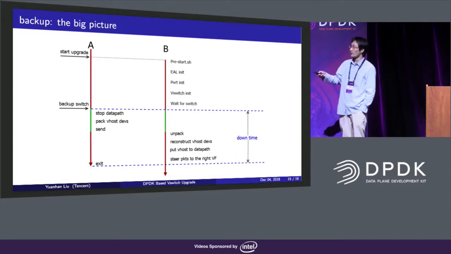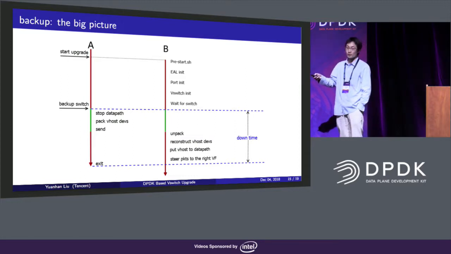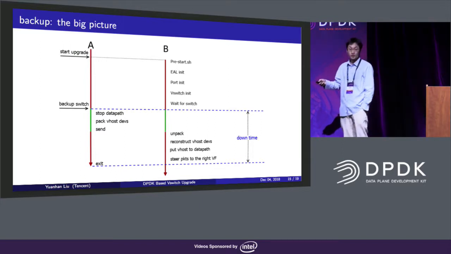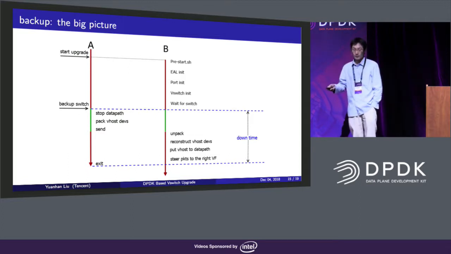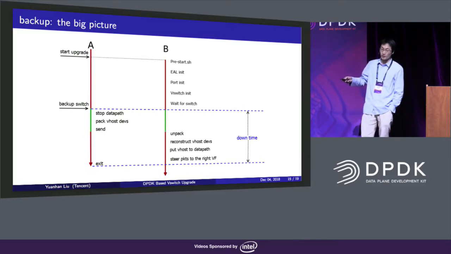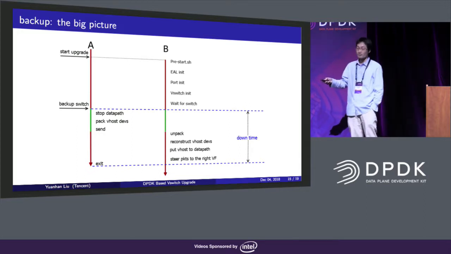You can see that at this time the old one is still running, and at this point there is an upgrade signal. And at that time, B will start initialization and config, and when all this is done, it will wait there, it will block there. And then there is a new signal, the backup switch.